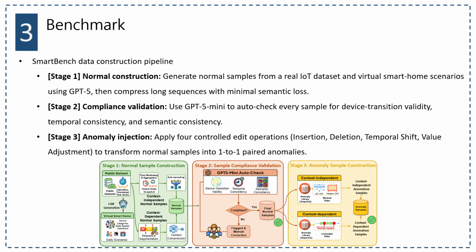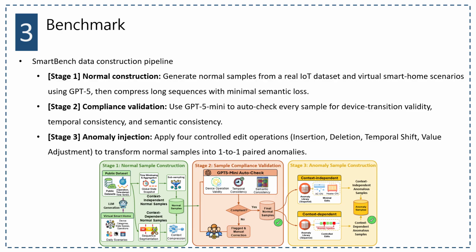The dataset is built with a three-stage synthetic pipeline. In stage 1, normal samples are generated from a real IoT dataset and from virtual smart home scenarios using GPT-5, with long sequences compressed to preserve semantics.